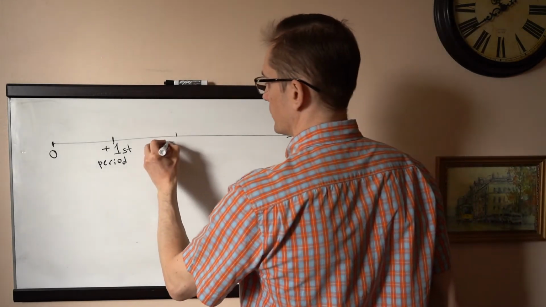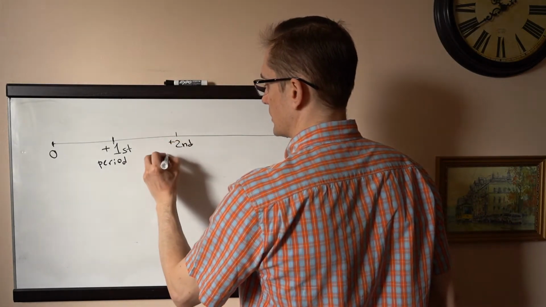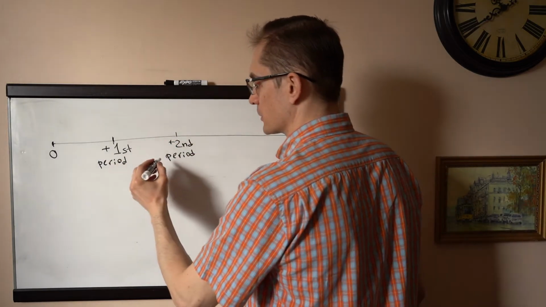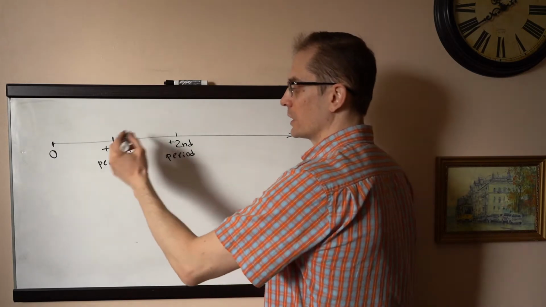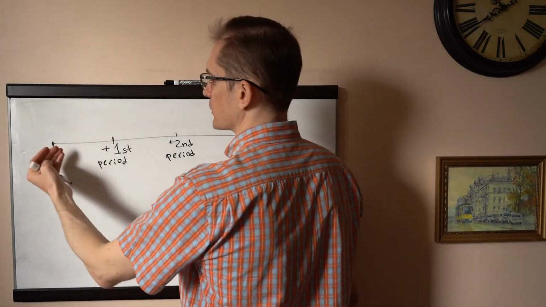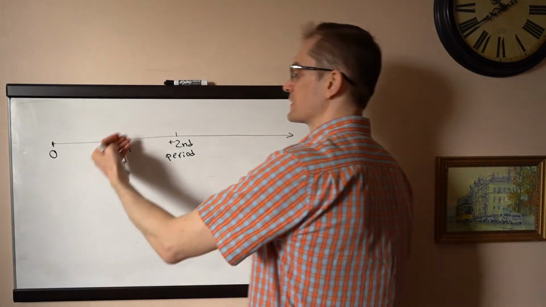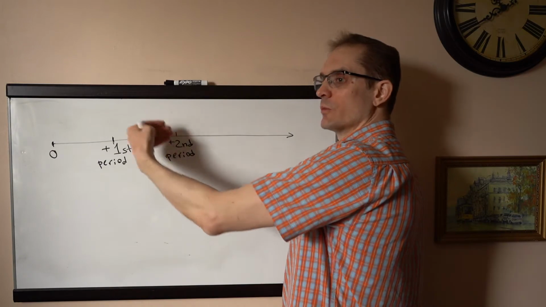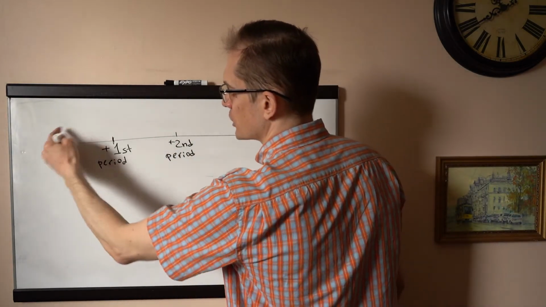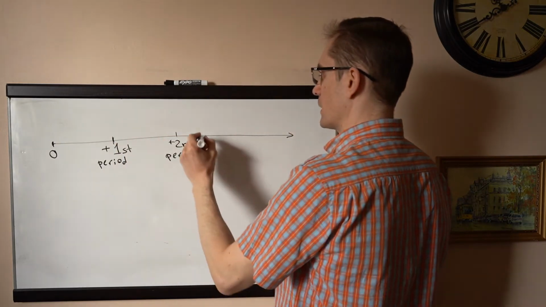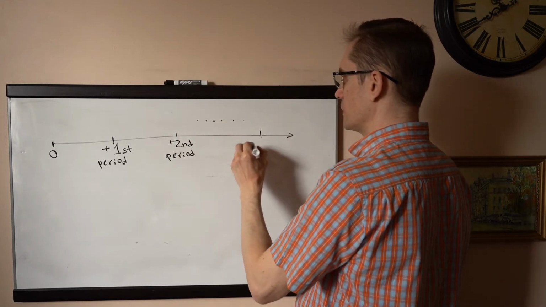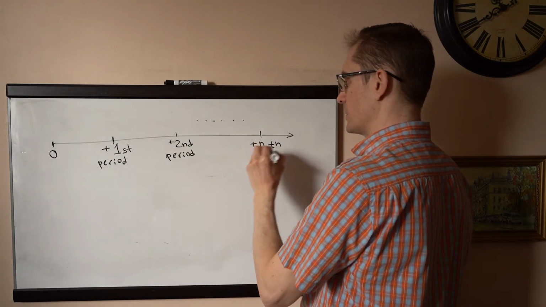Then we'll have plus second period, right? So this is the same period, okay? When we quote periods here, it's going to be the same period. If the first period is plus 1 month into the future, the second is the same plus 1 month period into the future, right? So the duration of each period here is always the same. And so it will be continuing to plus nth period.